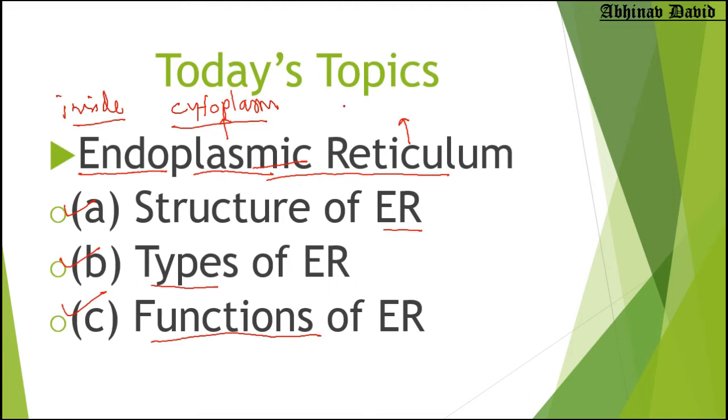So what is present inside the cytoplasm? A network. A network of what? A network of membranes. So inside the cytoplasm there is a network of membranes, and this network of membranes is called endoplasmic reticulum. So let us discuss the structure of the ER.